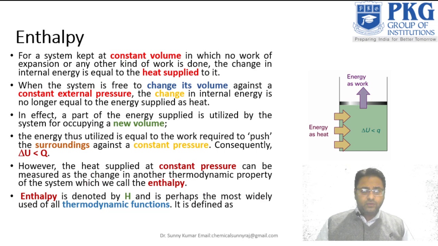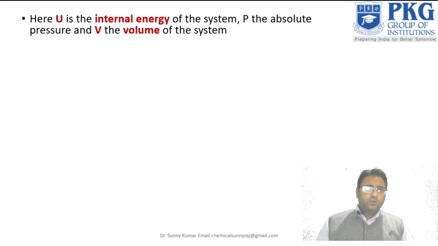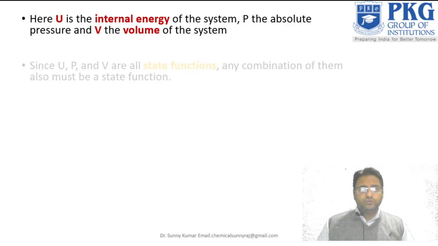It can be defined as you see in equation 1: enthalpy equals the internal energy plus PV. Here U is the internal energy of the system, P the absolute pressure, and V the volume of the system, as shown in equation 1.